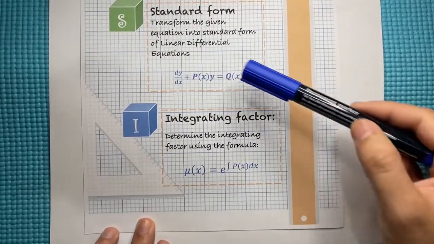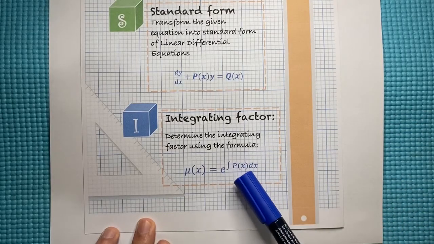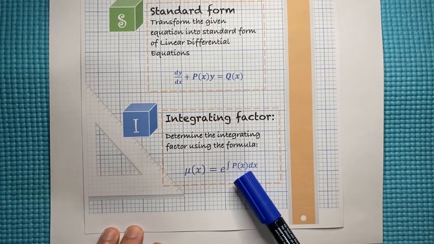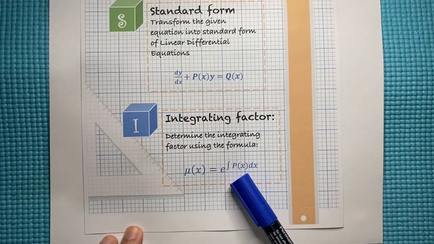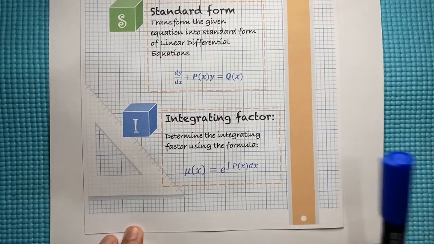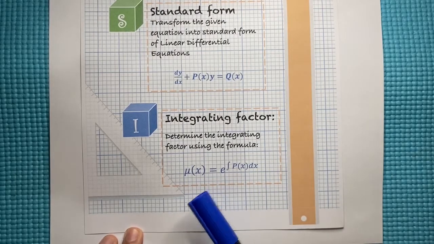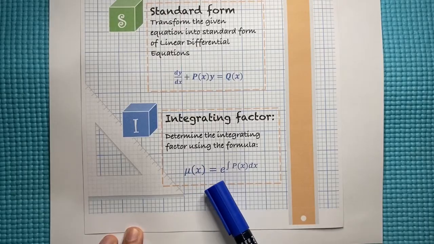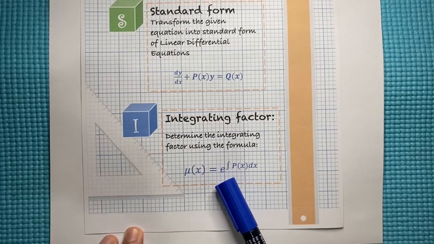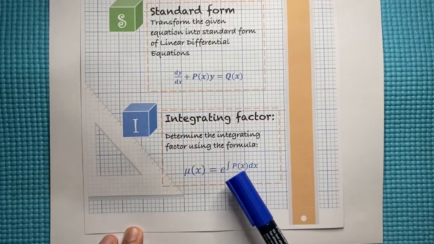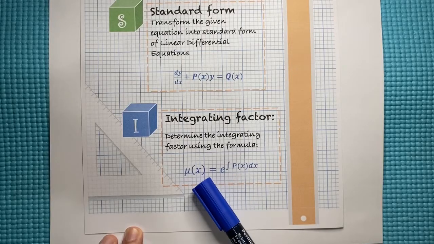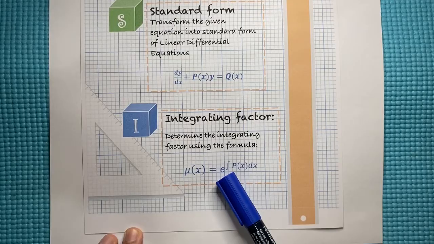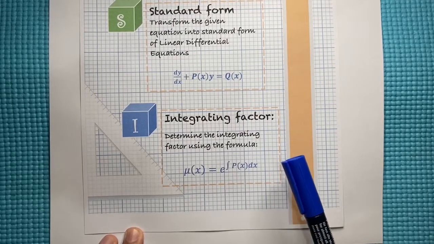So our p of x determines our integrating factor. But if it is linear in x, our integrating factor would be mu of y, equal to e raised to the integral of p of y dy.